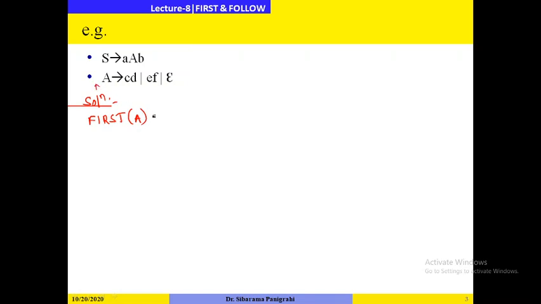So First of A. While computing First of A, what do we have to see? We have to check in which production A is present on the left hand side. There are three productions: A gives CD, A gives EF, A gives epsilon. So here I will write First of CD union First of EF union First of epsilon. In CD, C is a terminal because it's a small letter c.